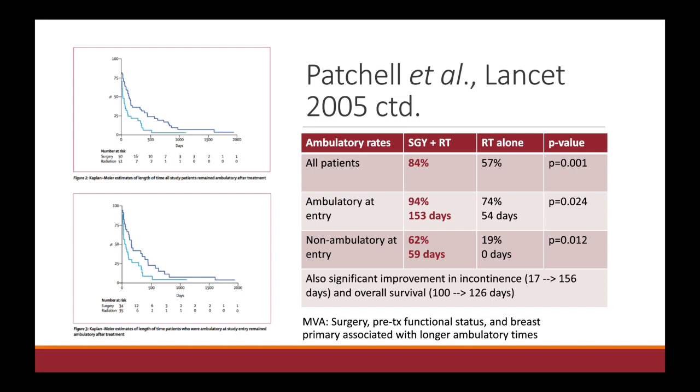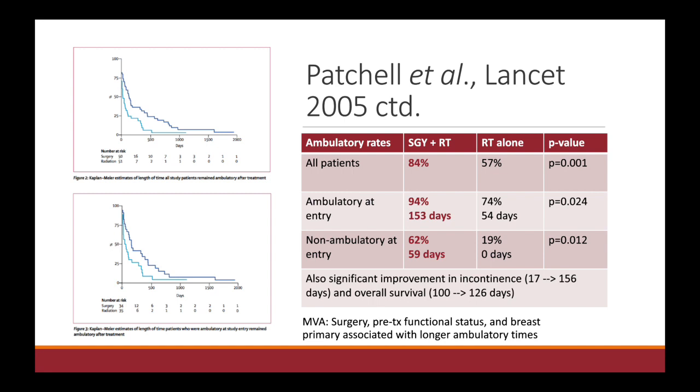When they looked at ambulatory rates across all patients, the group that had decompressive surgery had ambulatory rates of 84% versus 57% with radiation alone, and that was statistically significant. There was a clear benefit to the addition of decompressive surgery in patients that were ambulatory at entry, as well as in patients that were non-ambulatory at entry.